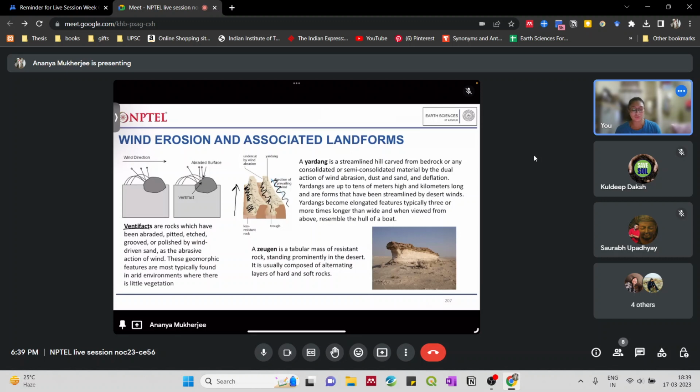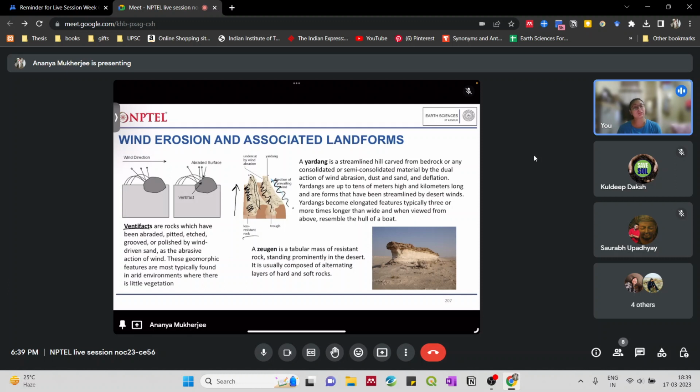Due to the wind erosion, these areas with the softer, less resistant rocks got eroded away and disintegrated. What you are left with are these long linear features, which have little flat tops, and these linear features are called yardangs. So this is again an erosional feature because of the action of the wind.